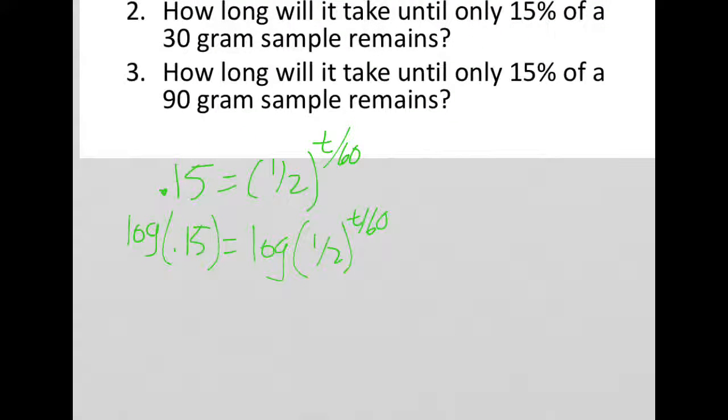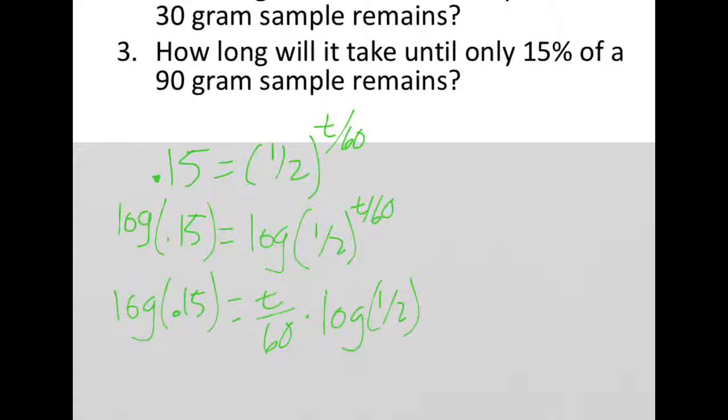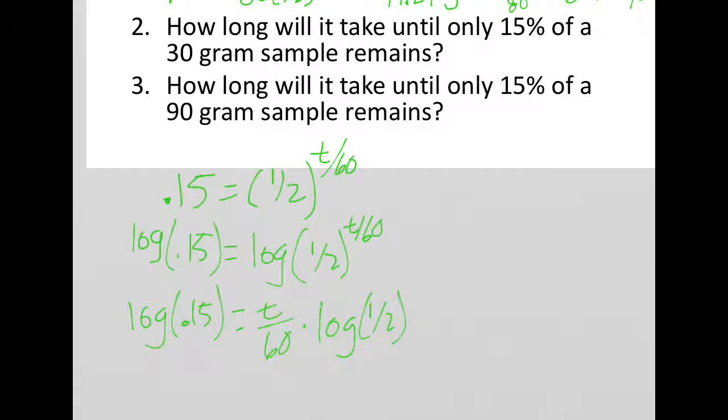And then we're going to get log of 0.15 equals t over 60 times log of 1/2. And so we're going to get t by itself, and to do that we need to multiply by 60 and divide by log of 1/2.